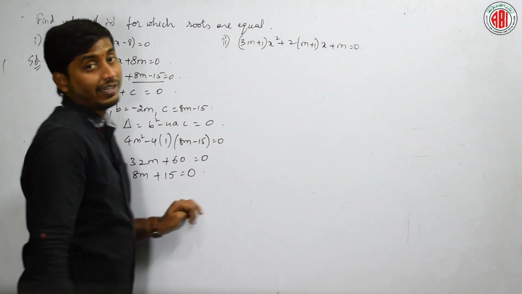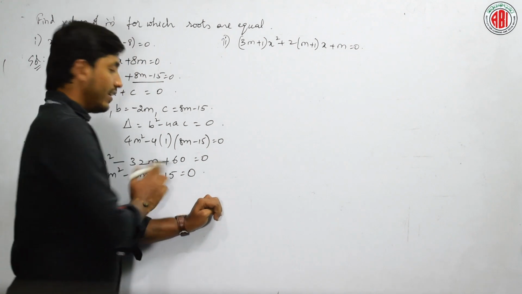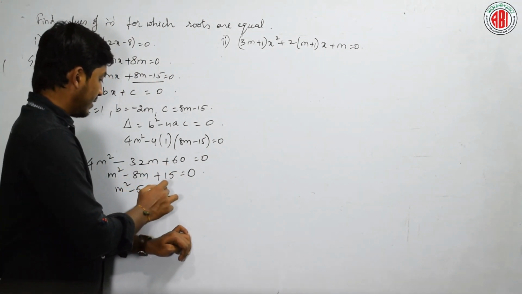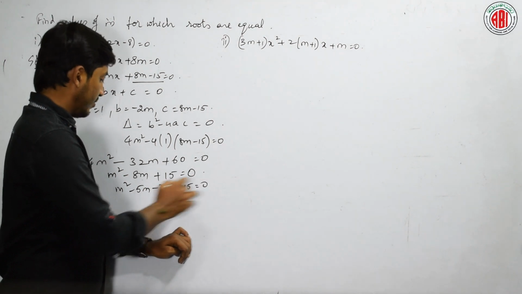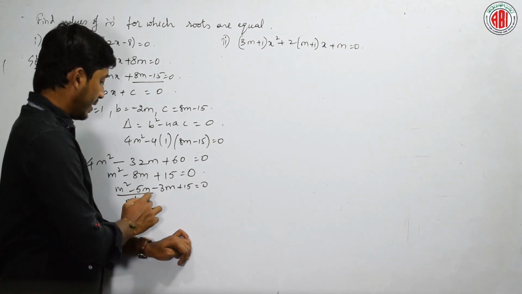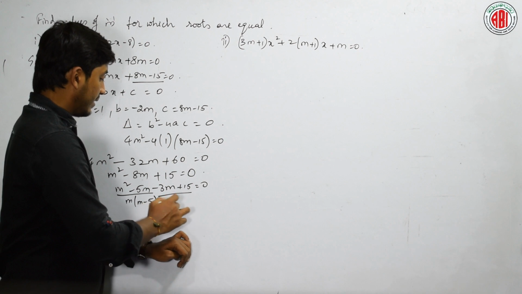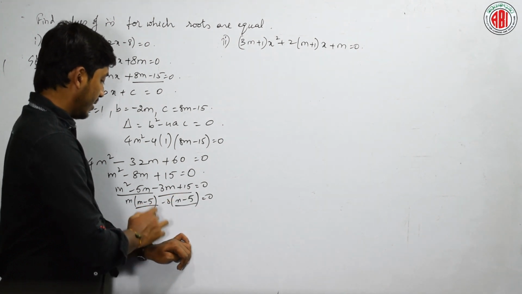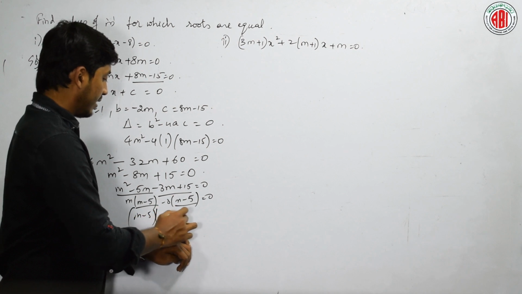Factors of 15: 5 and 3, it works. So, here it is m square minus 5m minus 3m plus 15 is equal to 0. I can take m as common, I can take minus 3 as common. If I take m minus 5 as common, I will get m minus 3 equal to 0.